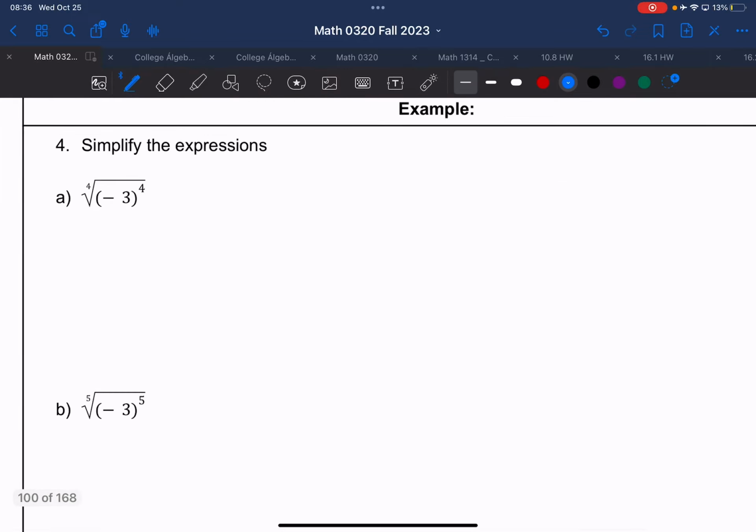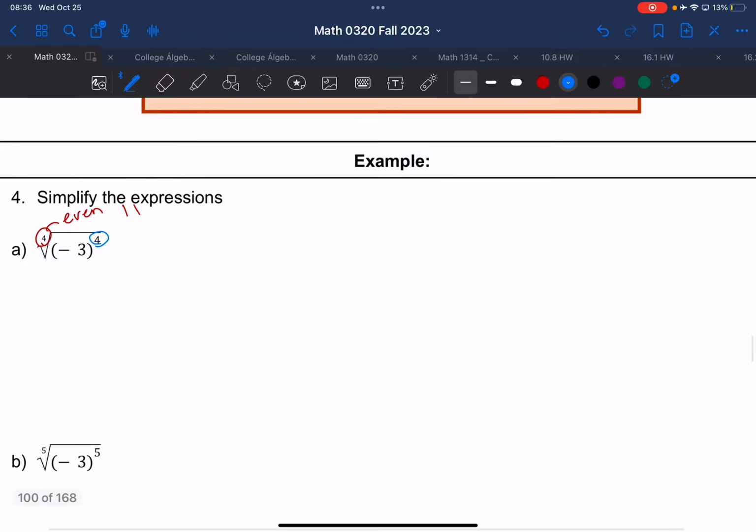So first, looking at our nth root, even or odd? Even. So since it's even, our answer is going to include the absolute value bars. Is this nth root matching the exponent? Yep.